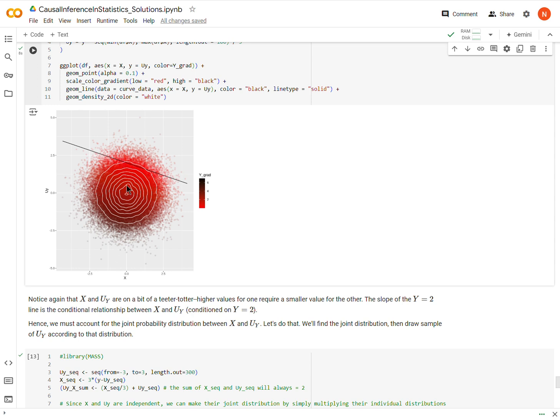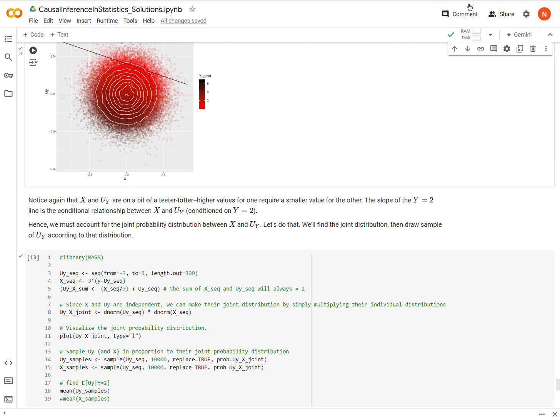This is the relationship that is being induced between u of y and x, even though u of y and x don't cause one another, because we've conditioned on their common cause, y.